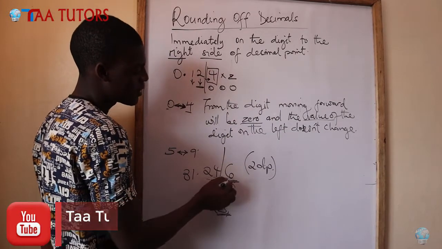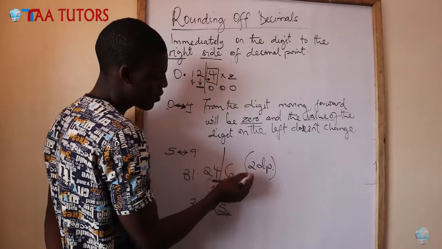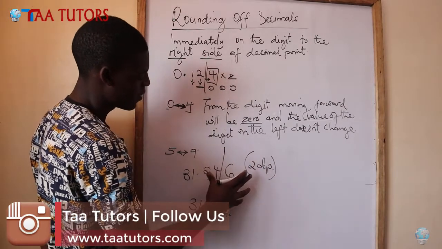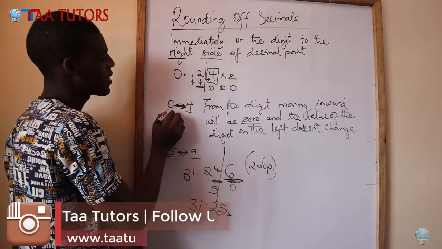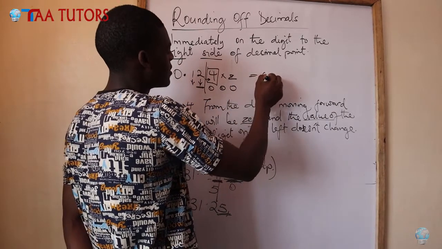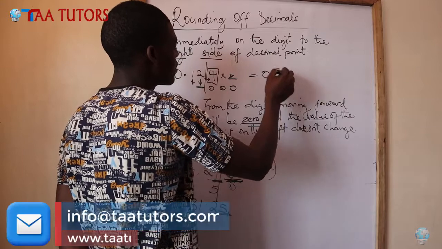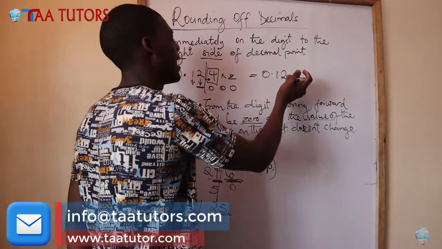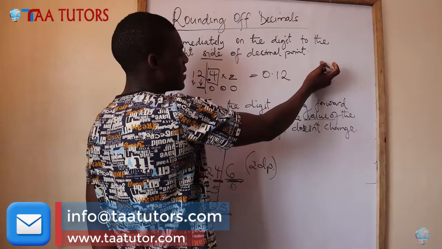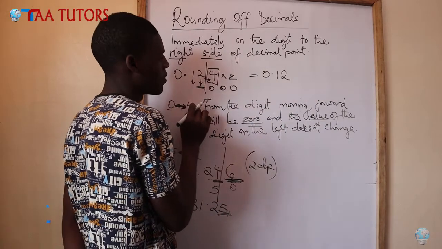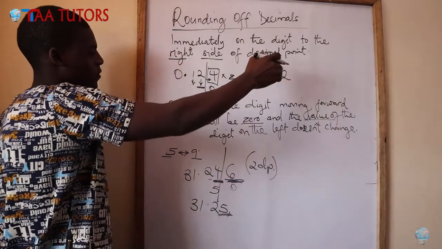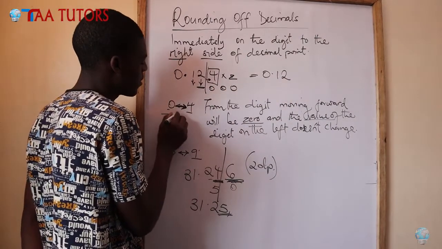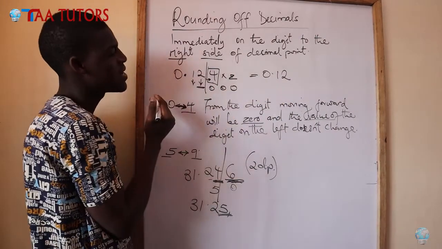We can see that it is now increasing from 4 to 5. Why? Because where we are starting to round off, the digit falls between 5 and 9. But in the earlier case, we still have 0.12 because the value after 2 falls between 0 and 4. Always remember that when the digit you start rounding off with falls between 0 and 4, the previous digit doesn't change.